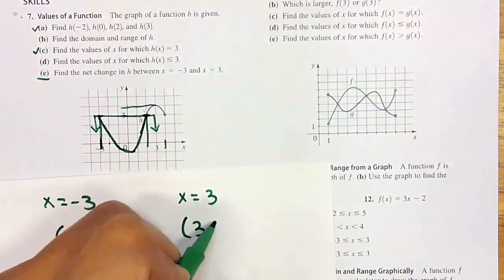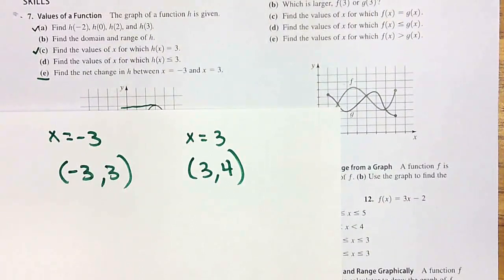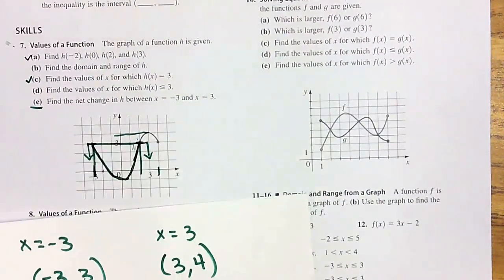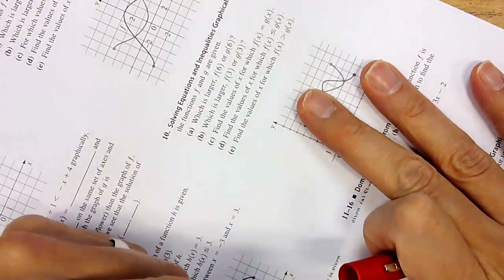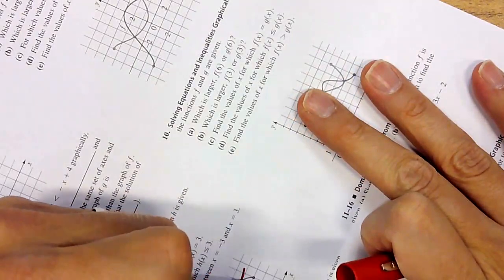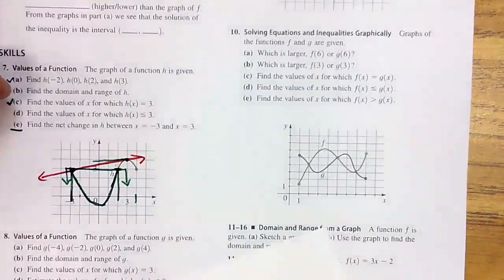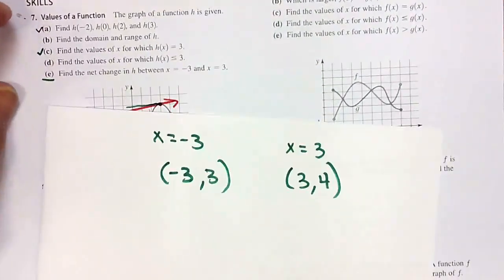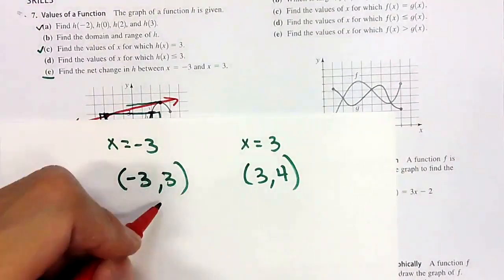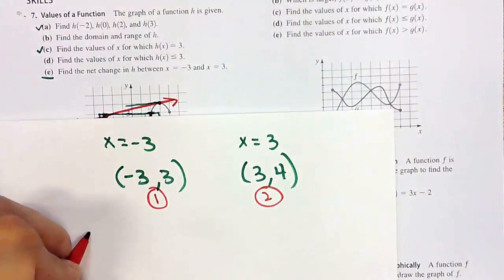So that point is 3, comma 4. And we're going to get the slope of that. So essentially, if I draw that line from here to here, we're getting the slope of that line. So I'm going to label this 1, label this 2, get my net change.